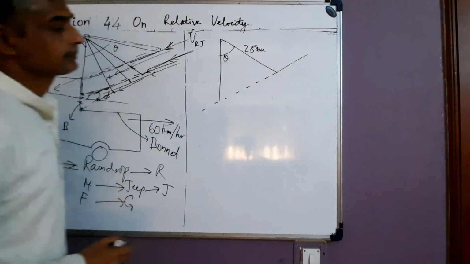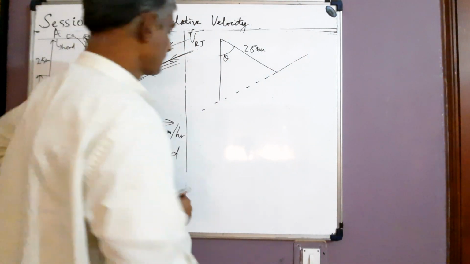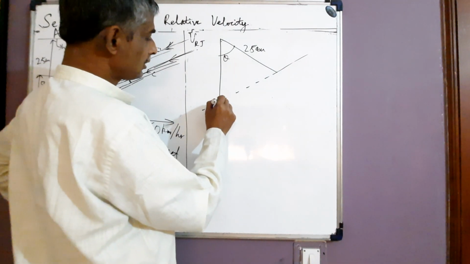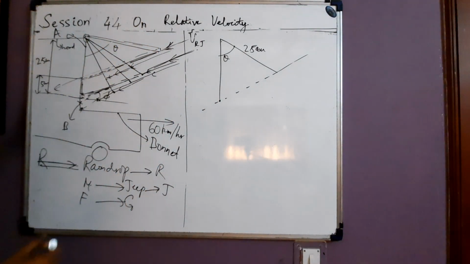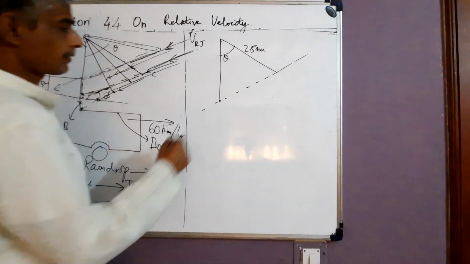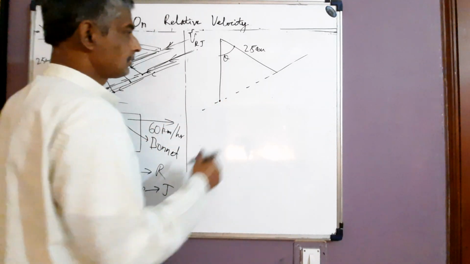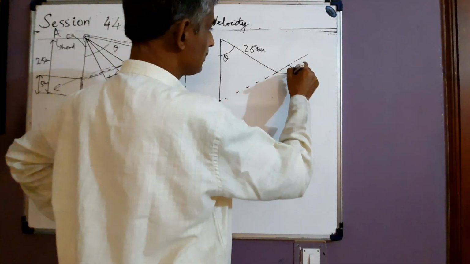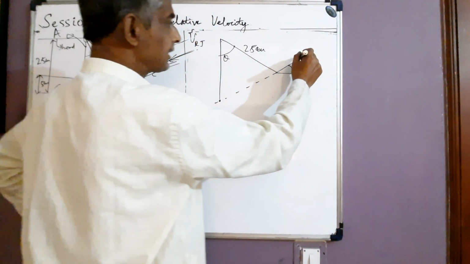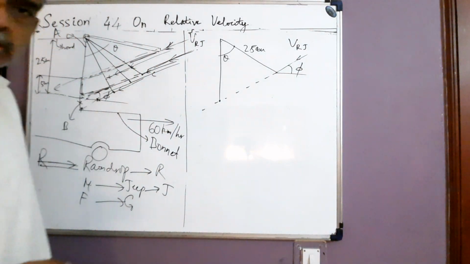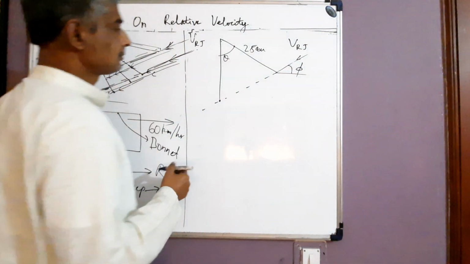This is the topmost point of part B, this one. And this angle is phi, where tan phi is 1 by 3. This is the direction of VRJ, velocity of raindrop as seen by the jeep. This is phi. This is theta.